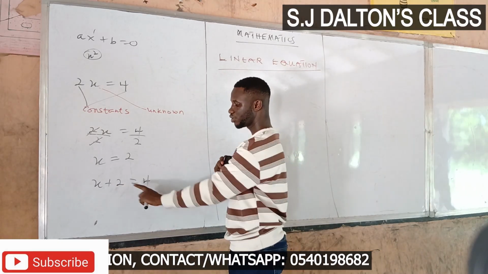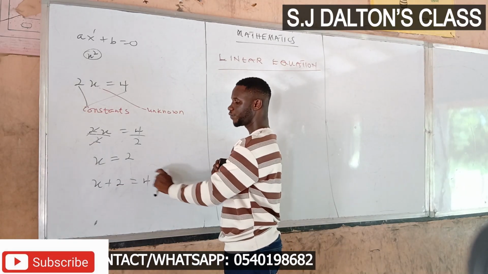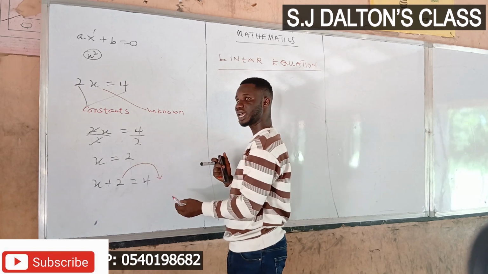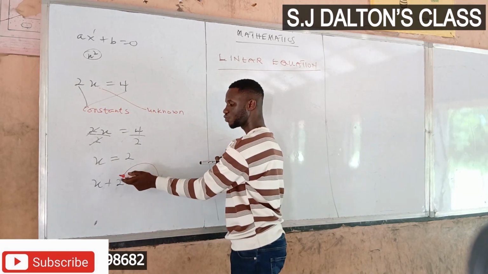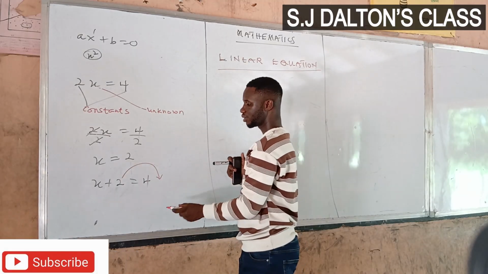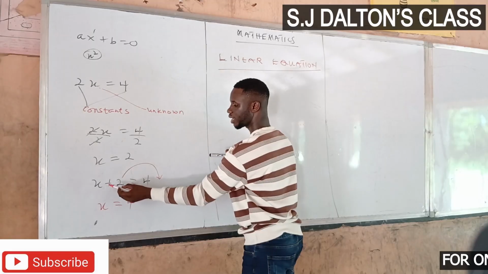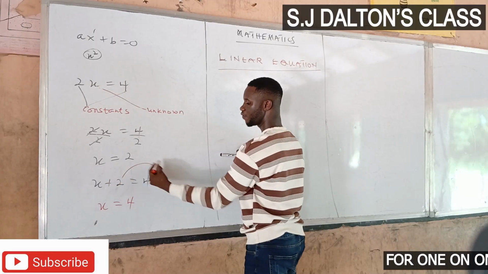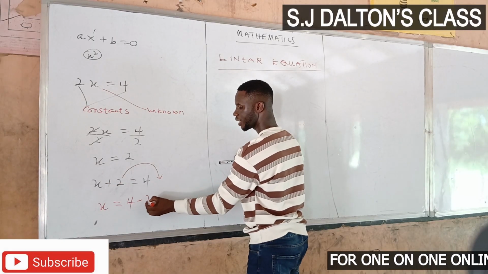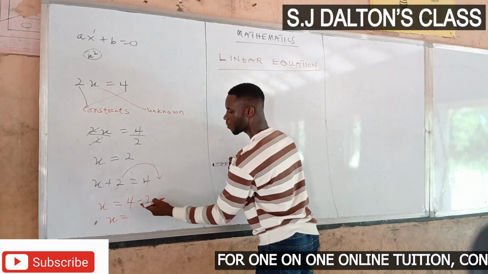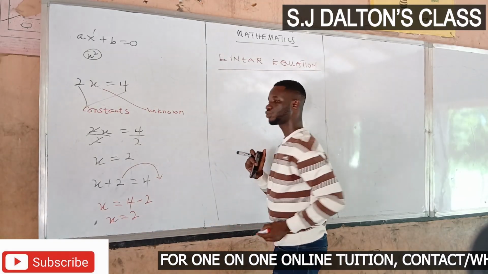Subtraction. So you need to subtract 2 from both sides. Or simply, you can say, let's take this one to this side. It's the same as subtracting 2 from here, subtracting 2 from here. So we are going to get x is equal to 4. Now this is positive, right? So when you move it here, we are going to get minus 2 over here. So now our x is going to be what? 4 minus 2. That will give you 2.